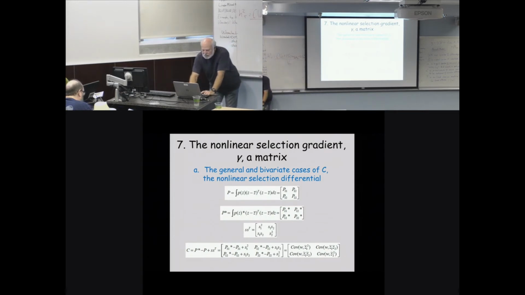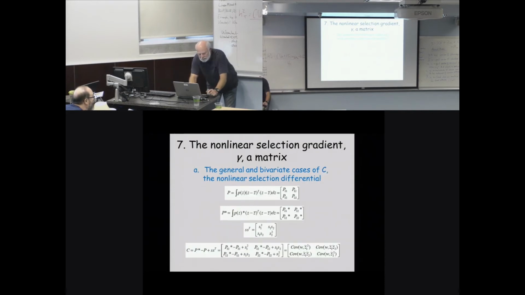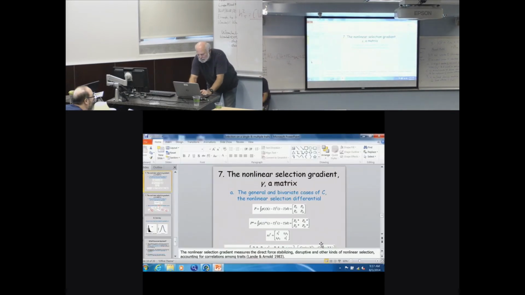So we're going to look at the nonlinear selection gradient, and we're looking at here the bivariate and general cases of C. Let me see if I can blow this up a little bit.